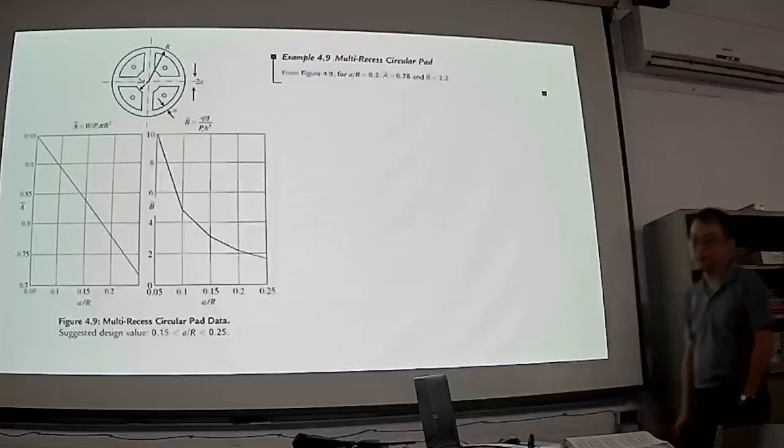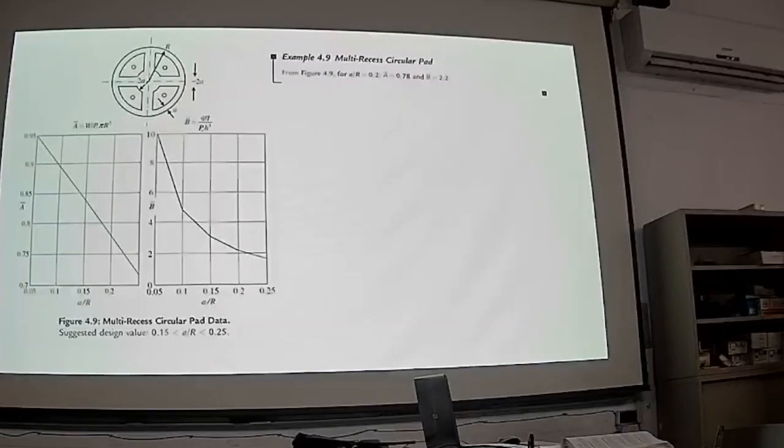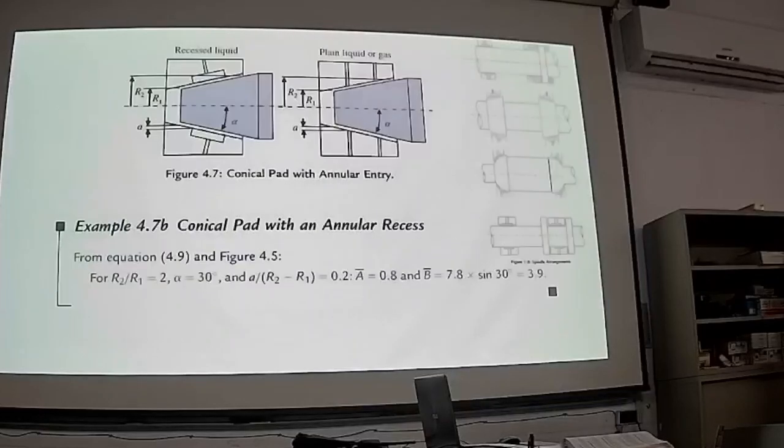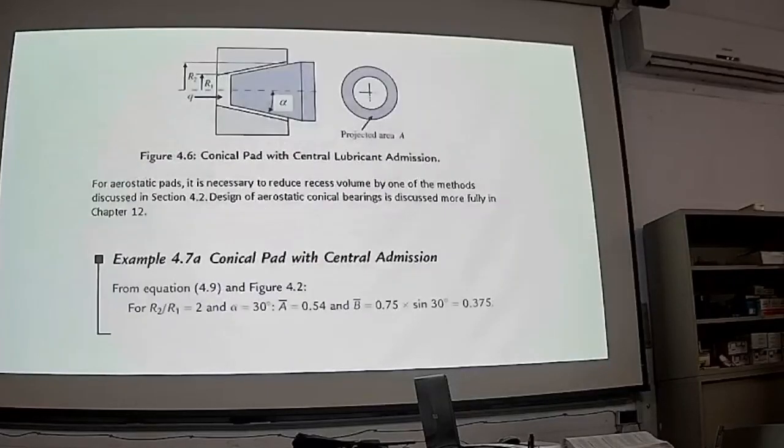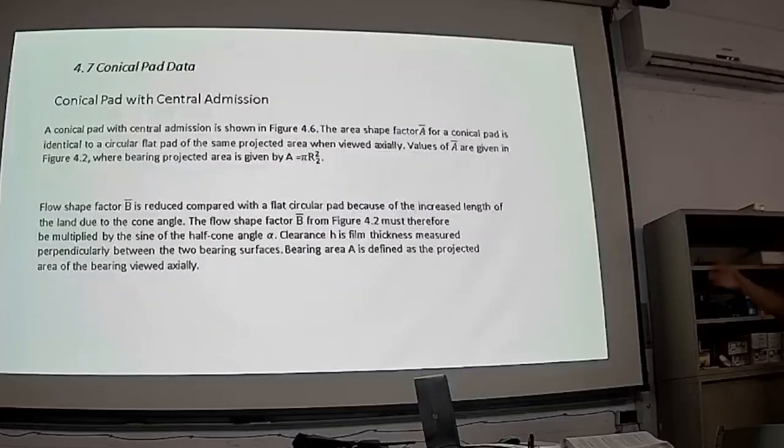In the early days, basically in the 70s and 80s when computers were not developed, people used charts to do design. But nowadays you need to construct the finite element model in Fluent with your bearing parameters, and then you can analyze the performance like the recess pressure, the bearing area, and also the load capacity.